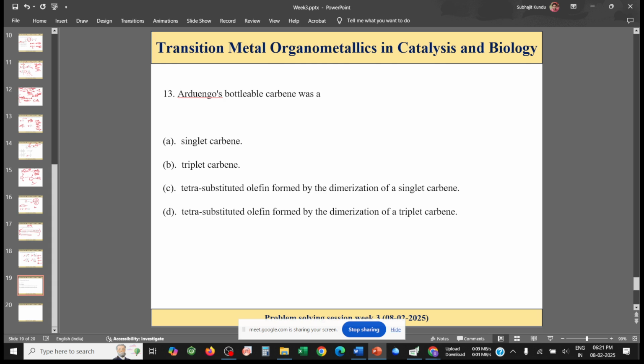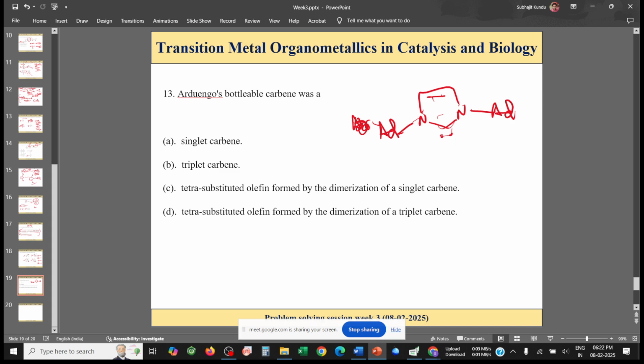Now the question is, we have seen the Arduengo carbene previously: it is an adamantane substituted N-heterocyclic carbene, with Ad as the adamantyl substituent.